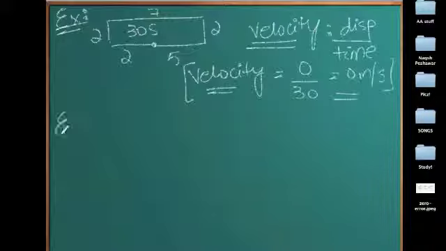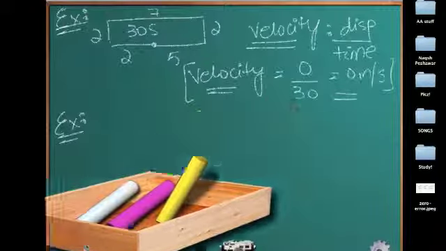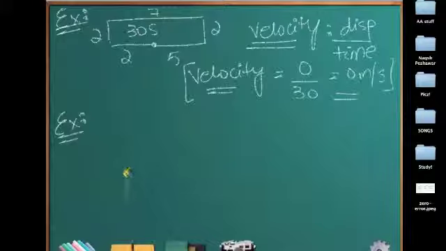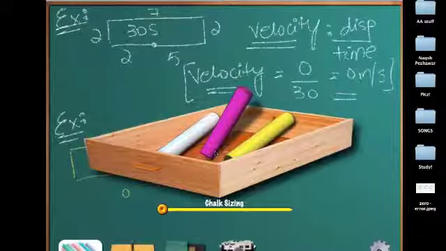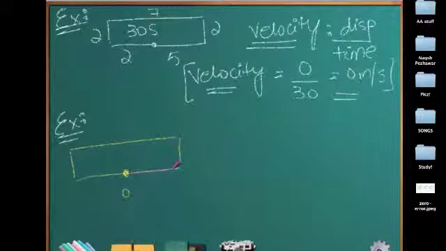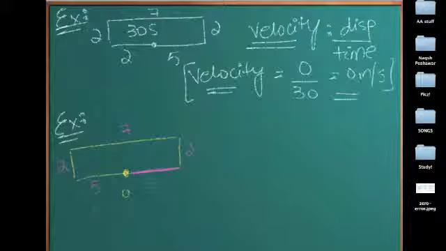Let me take another example. Let me change the color because it's been a very long time. For example, this is the point O, and I move till here, and then again I cover this distance again. So I cover this once and I cover this one distance. This is again the same thing. 5, 2, 7, 2, and 5, in say 10 seconds. Makes it simpler.